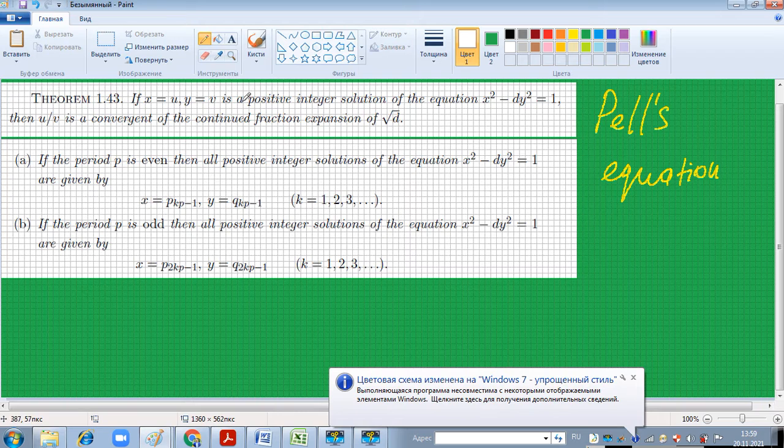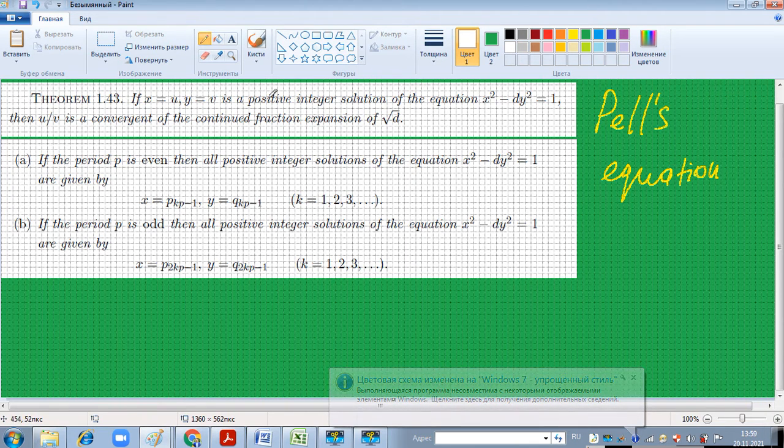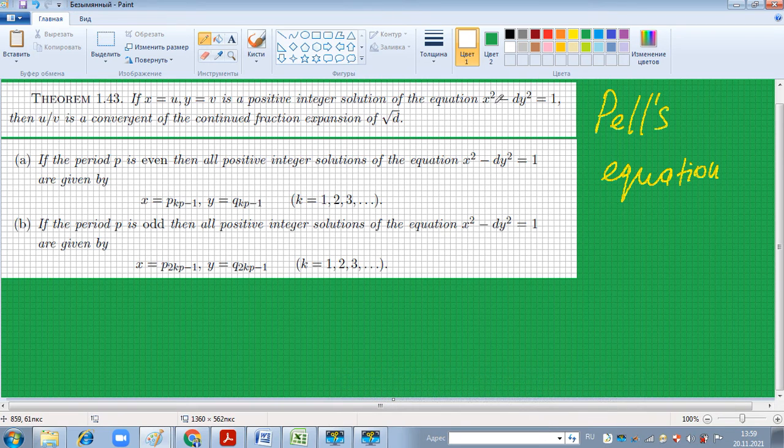Okay, theorem: if x equals u, y equals v is a positive integer solution of the equation x squared minus d y squared equals 1, then u over v is a convergent of the continued fraction expansion of the square root of d.